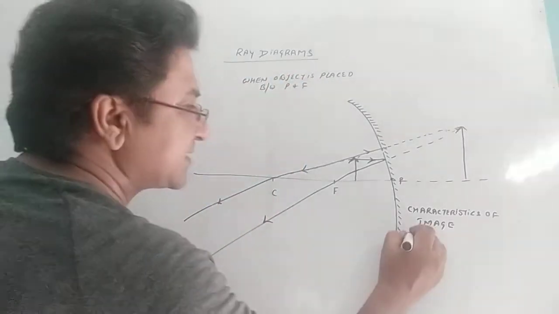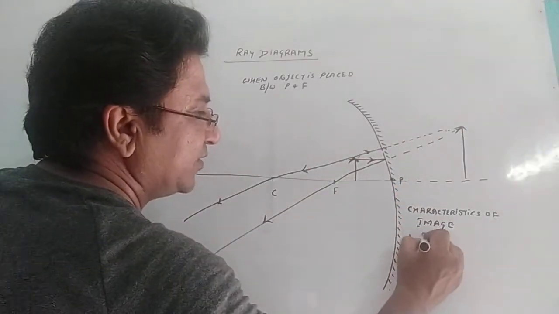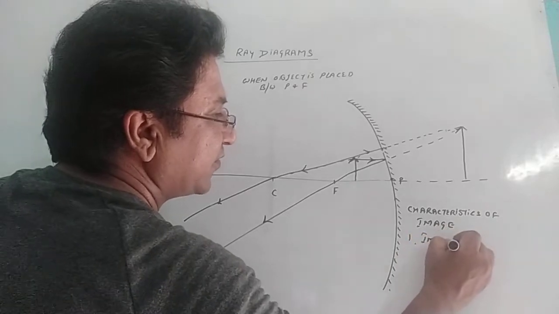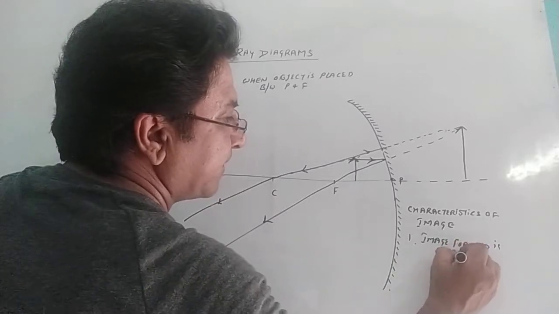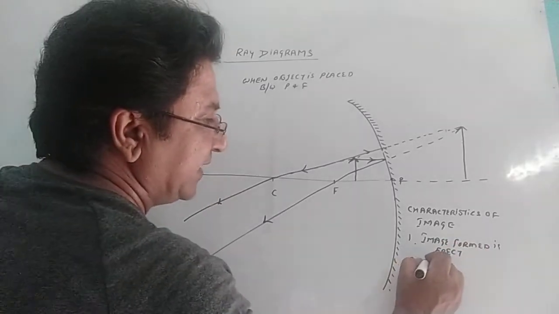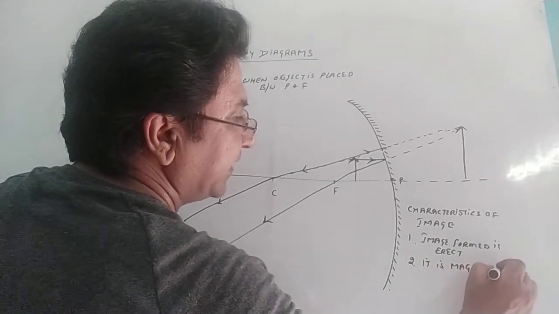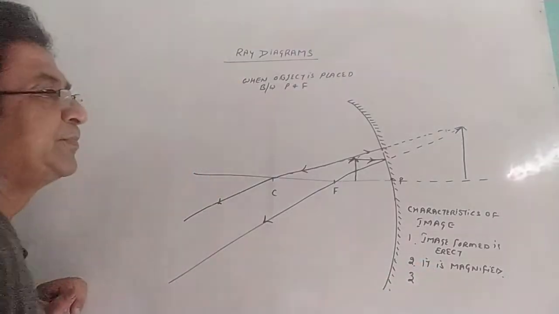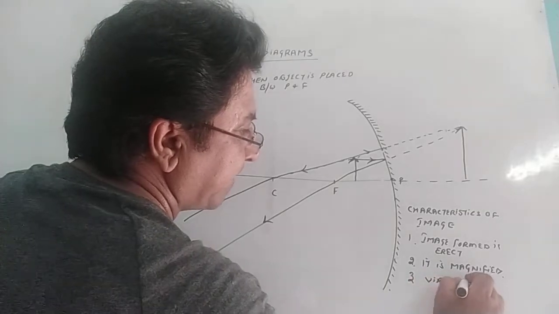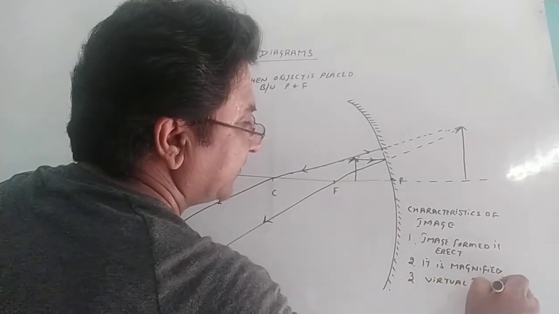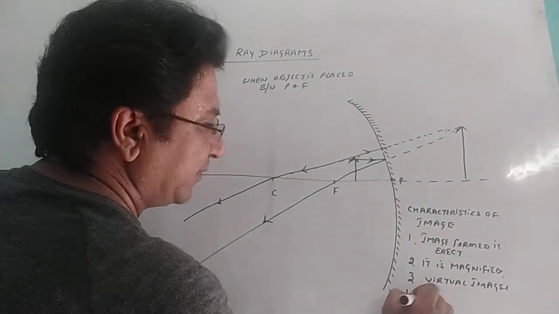Okay, so the first characteristic: the image formed is erect. Number 2, it is magnified, means larger. Number 3, this is a virtual image because the reflected rays appear to meet, actually they are not meeting, and it is formed behind the mirror.